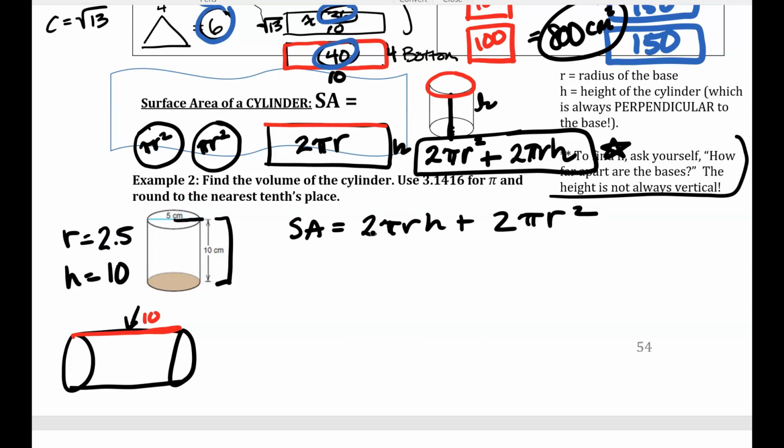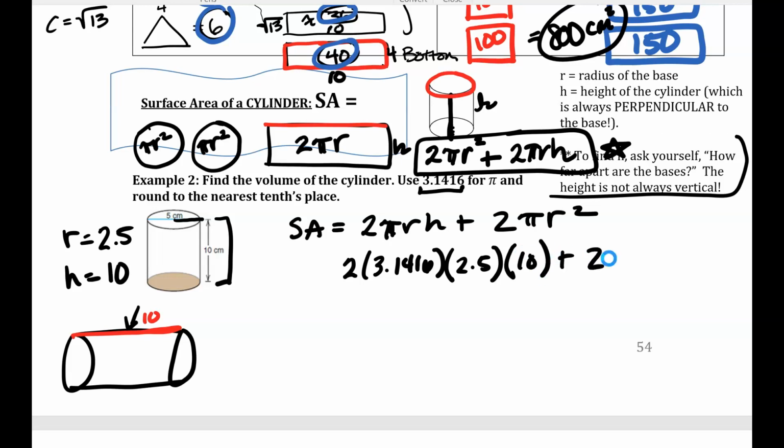So at this point, I just plug and chug. One thing you will have to do though is you can use the pi button in your calculator, or the directions for your homework say to use 3.1416, so we're going to do it like that. But it should hopefully accept either one. And if for some reason it didn't, you could let me know and I'll give you credit.